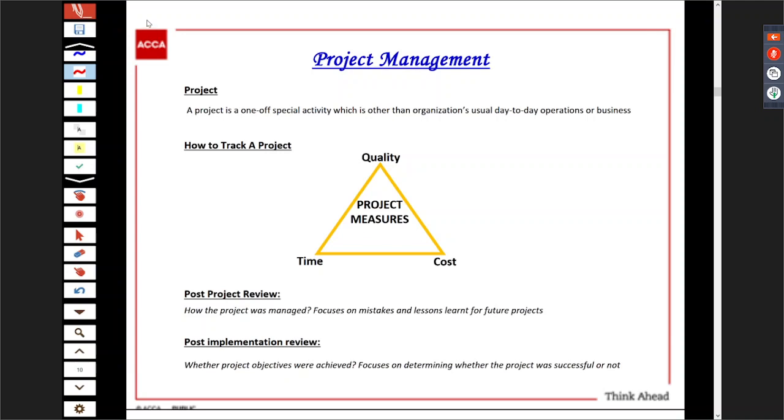Very good. We review. So what do we review?